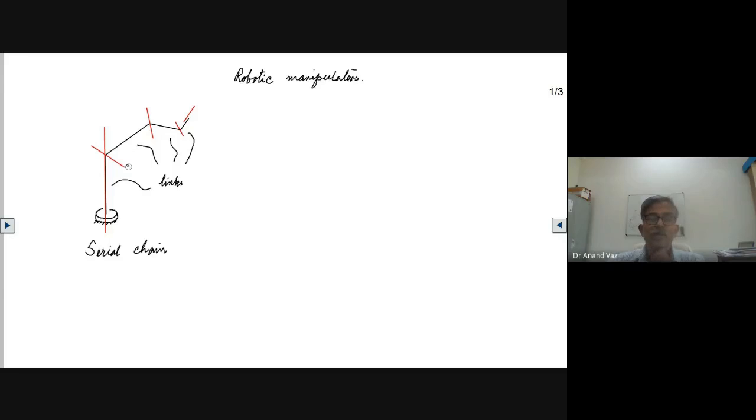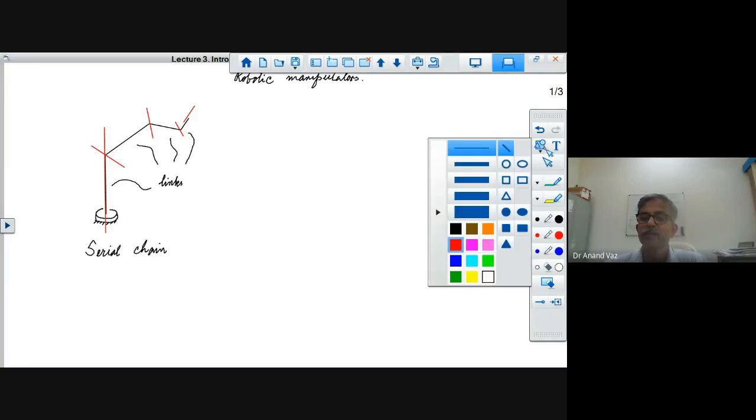We also have other configurations of manipulators.